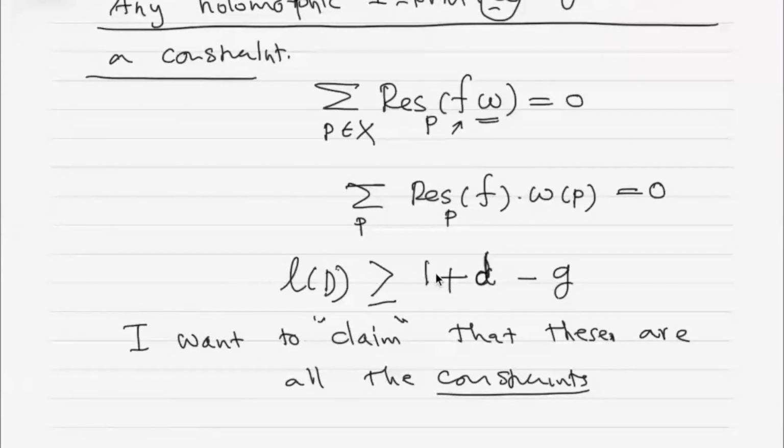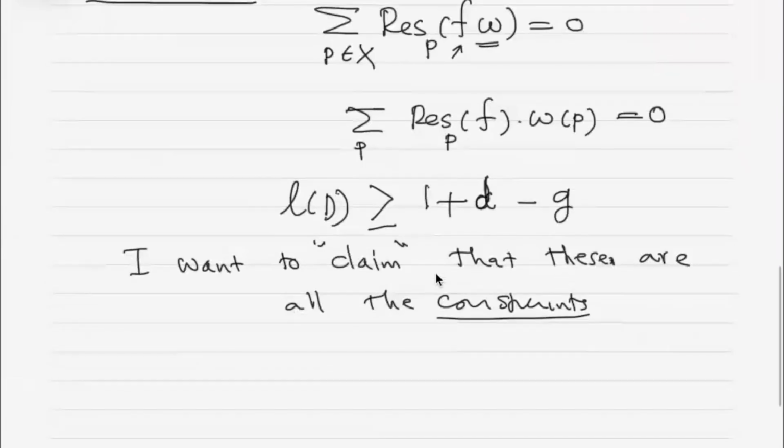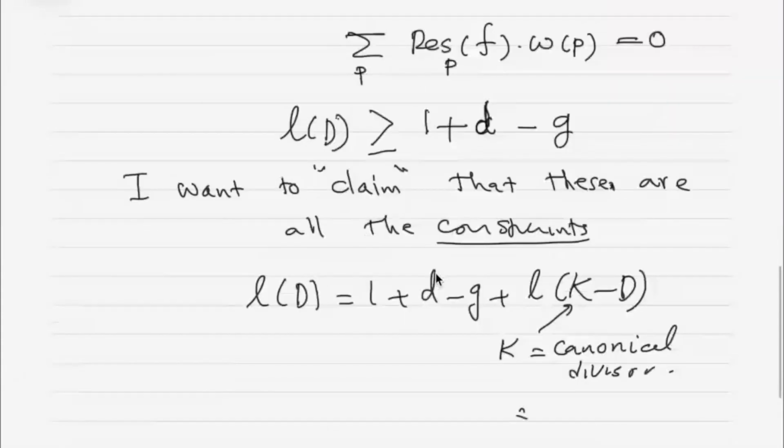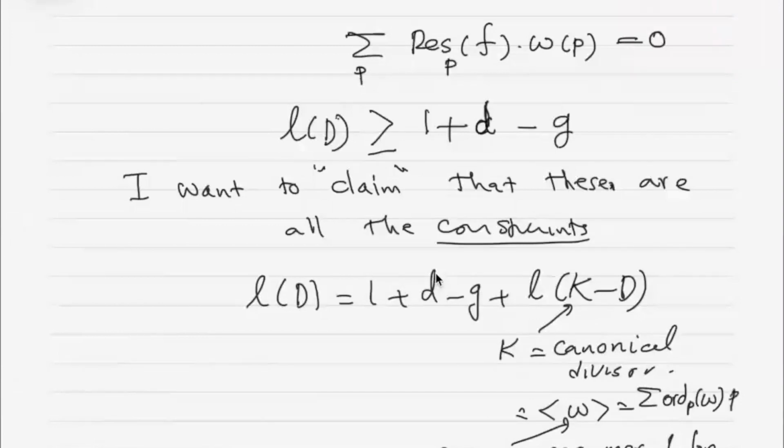And you might ask, okay, the actual Riemann-Roch was this: L(D) is equal to 1 + D − g + L(K − D), where K is the canonical divisor, which is the divisor of any non-zero meromorphic one form, the sum of the order of vanishing or pole of this omega at P times P. And now you might ask why such a term should appear.